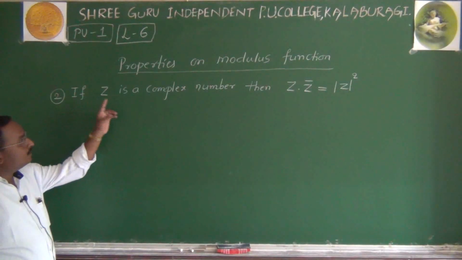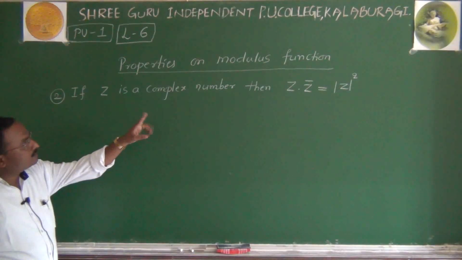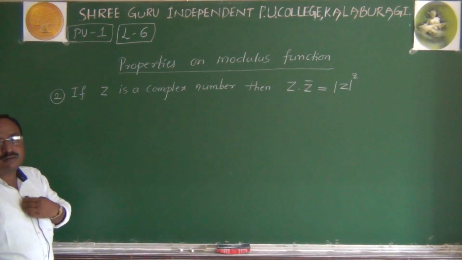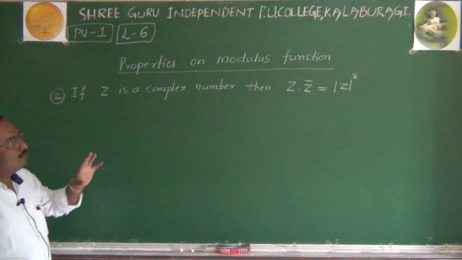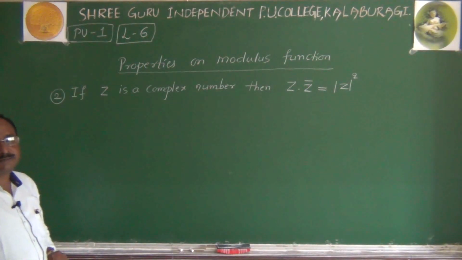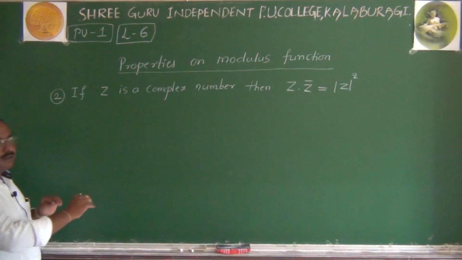If Z is a complex number, then Z into Z bar is equal to modulus of Z whole square. Verify that one.